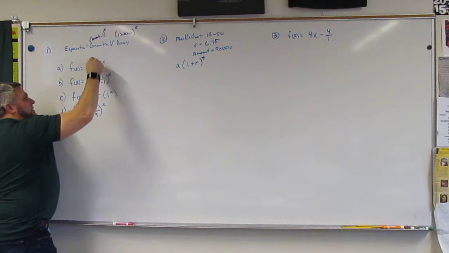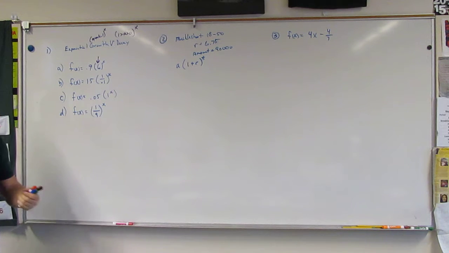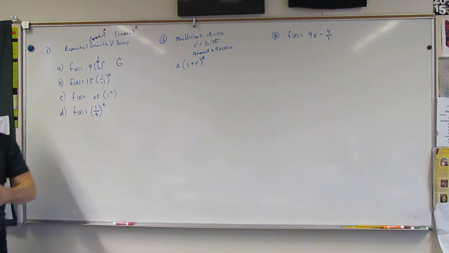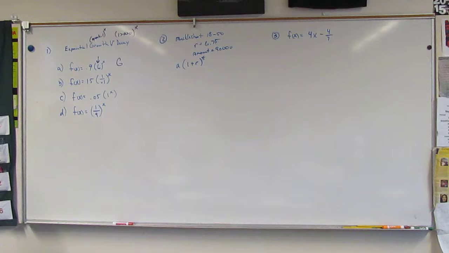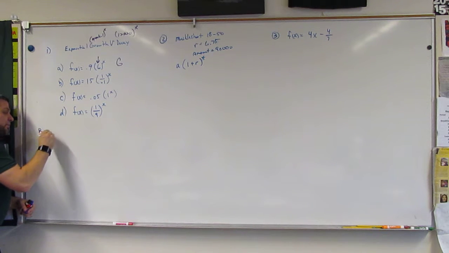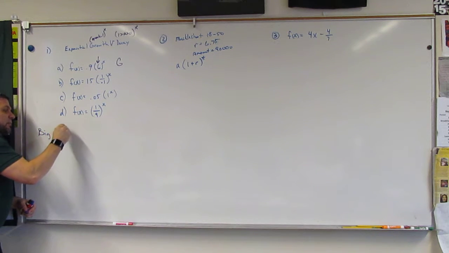So when we look at this, we see 6, that's greater than 1, so it has to be growth. This one's a little tricky though. When you get fractions, one way to think about fractions is they're big if the big number is on top.